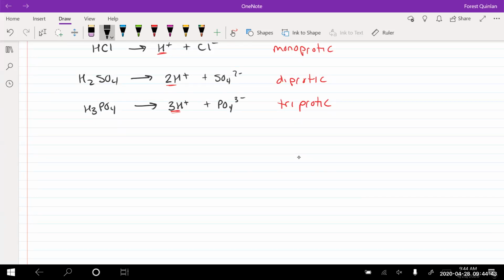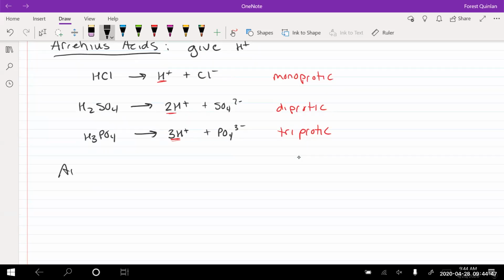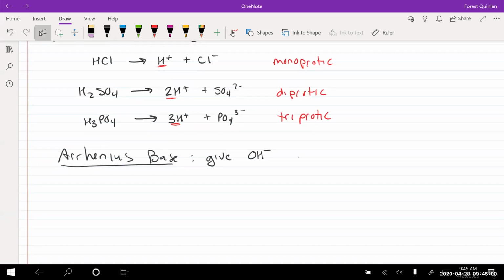Now on the bases, it's very similar. So remember the Arrhenius base. These will give OH minuses, and depending on what it is, you will know how many. So again, NaOH and Ca(OH)2 will give us differing amounts of OHs.